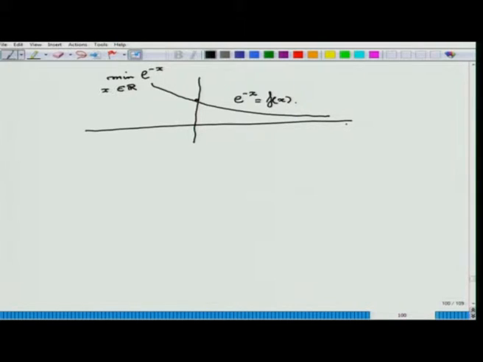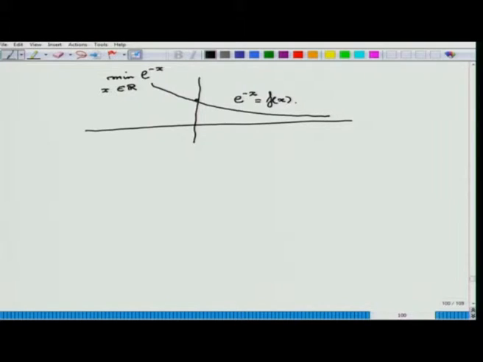It goes down towards 0 very fast, asymptotically approaching the x axis, but there is no point on the real line where e to the power minus x actually becomes 0.